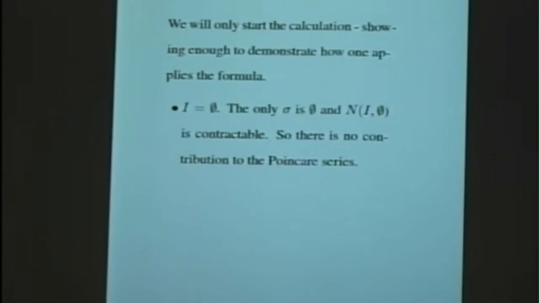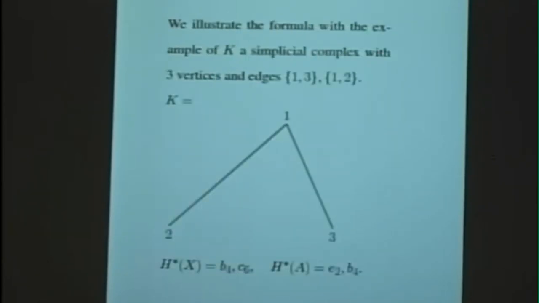So let's take a look at how the calculation starts. I could be the empty set. That's how it could start. So the only simplex is the empty set. Going back to the example, the N, remember, was the link, this time the link of the empty set in the complement.